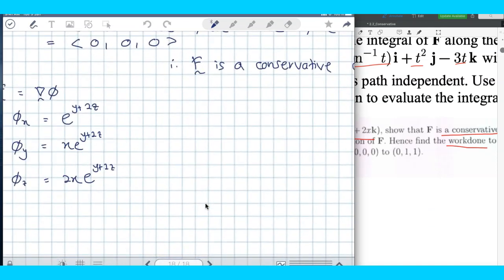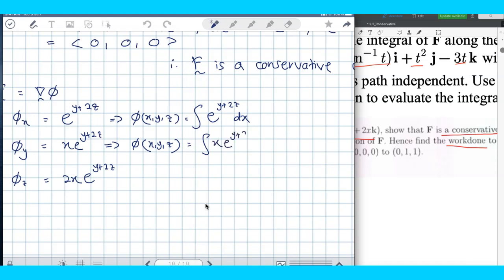We want to get phi in terms of x, y, z. So we have to integrate e to the y plus 2z dx. The second one, phi of x, y, z is equal to the integration of x e to the y plus 2z dy.